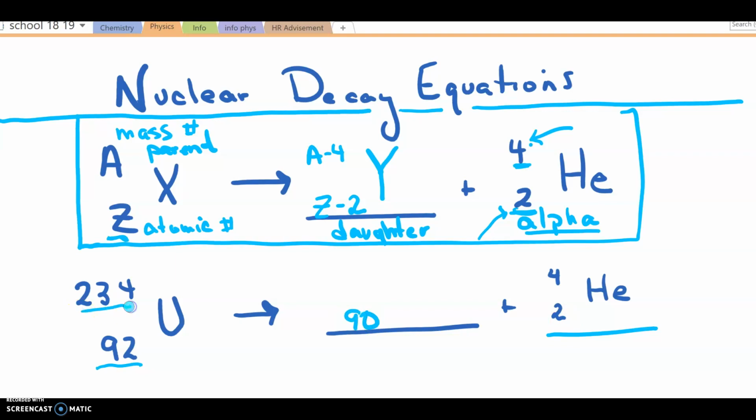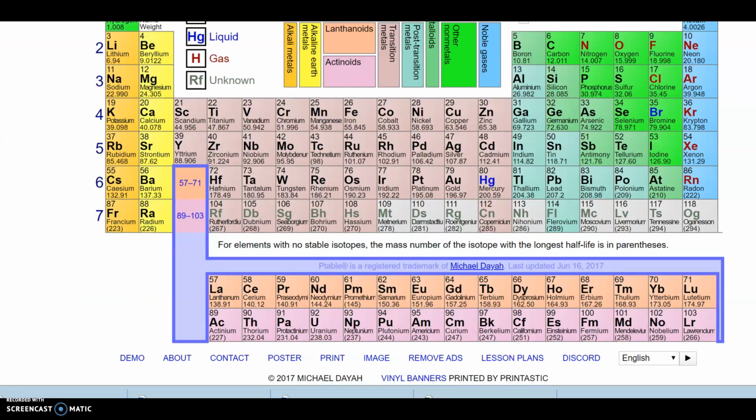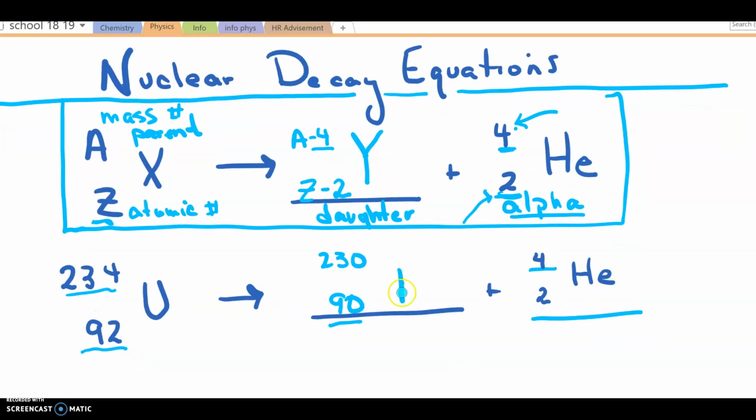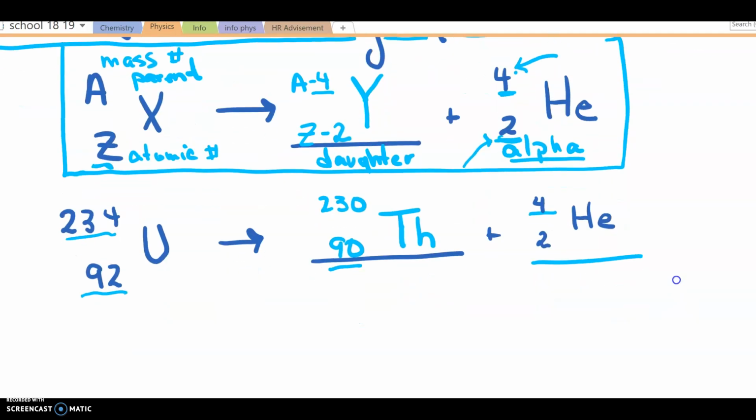And 234 minus 4 gives me a mass number of 230. What has 90 protons? Looking at a periodic table, we can see that that would be thorium, Th. So we know to fill in the blank with thorium. That's for an alpha particle.